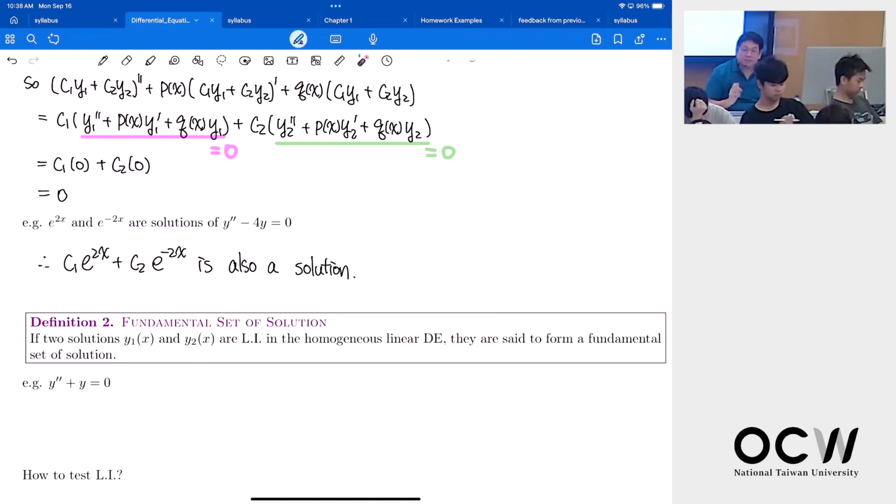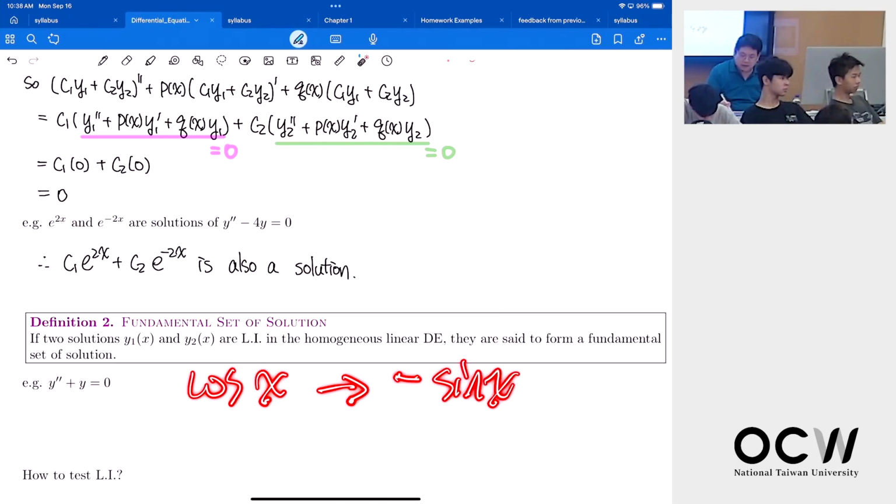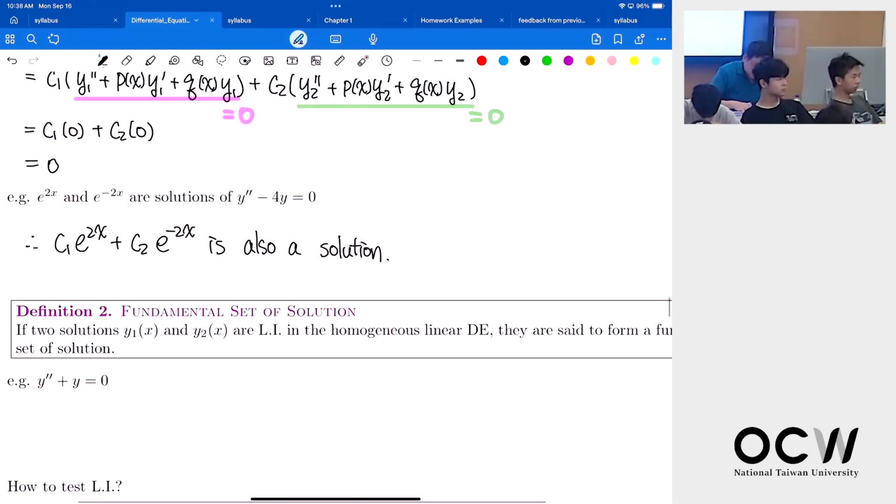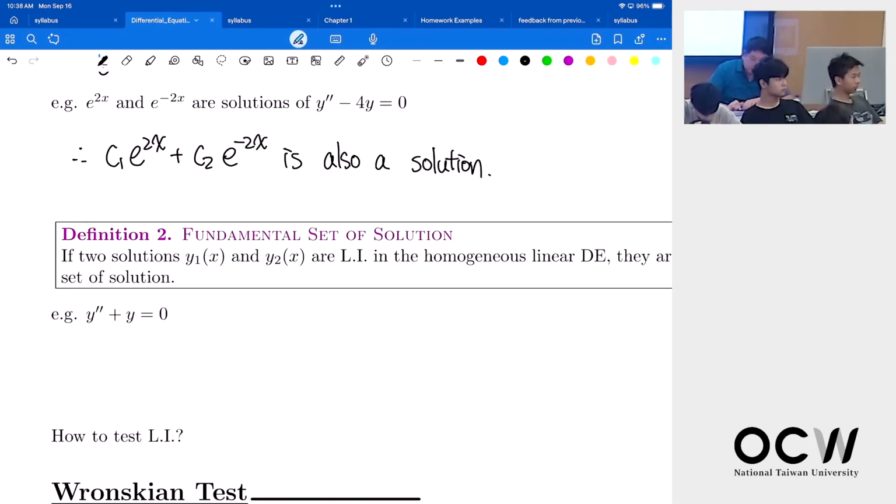Cosine or sine will be the solution, because suppose cosine x. If we take the derivative, we get what? Minus sine x. And one more, minus cosine. So minus cosine plus cosine equals 0. We will also learn how to find a solution later.